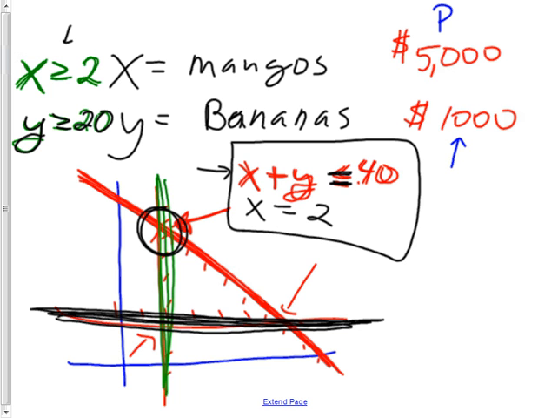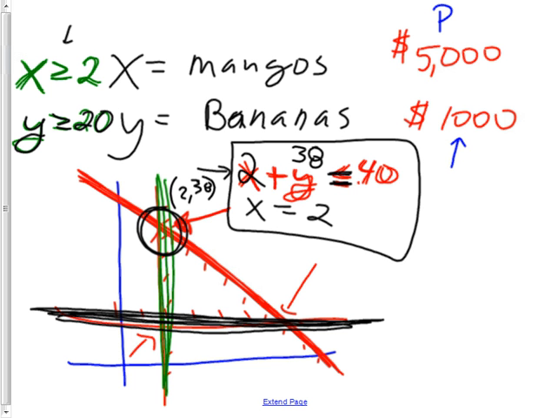X is 2, so stick a 2 here. 2 plus what makes 40? 38. Therefore, Y must be 38, and X must be 2, and that's a point, isn't it? 2 comma 38.